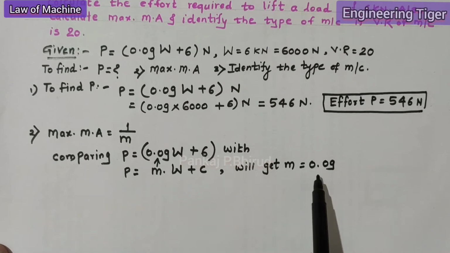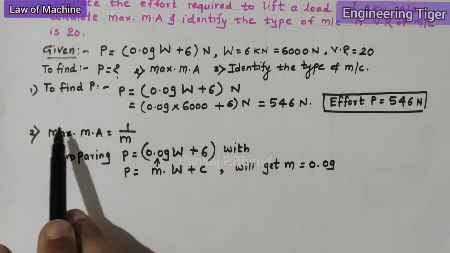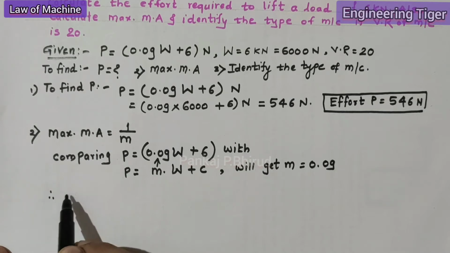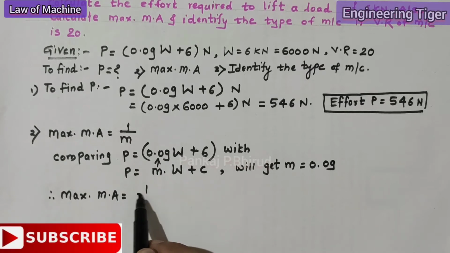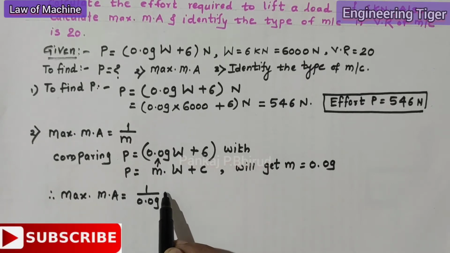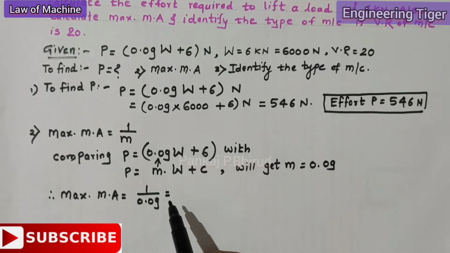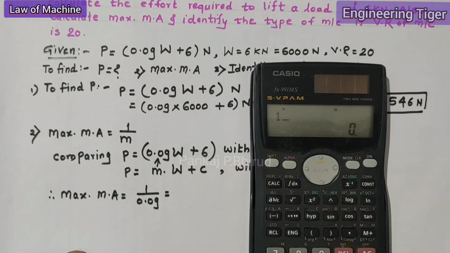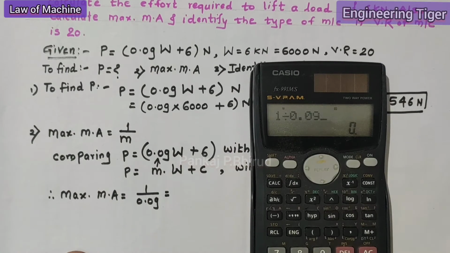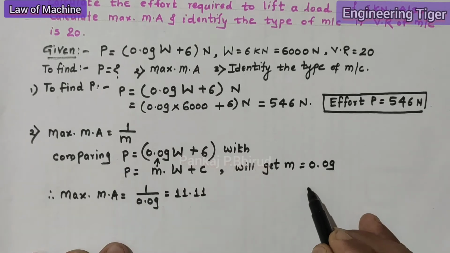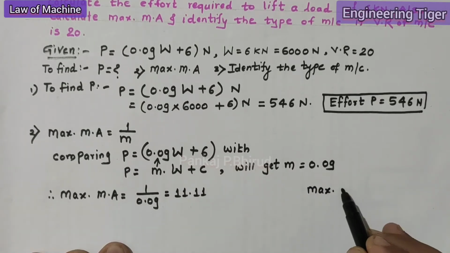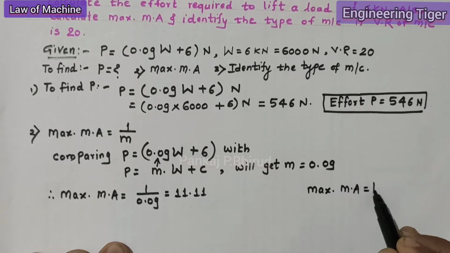Now put this m equal to 0.09 in the formula of maximum MA. Therefore maximum MA equal to 1 upon 0.09, and that is equal to 11.11. So maximum MA is 11.11, no unit. So our second term is maximum MA equal to 11.11.